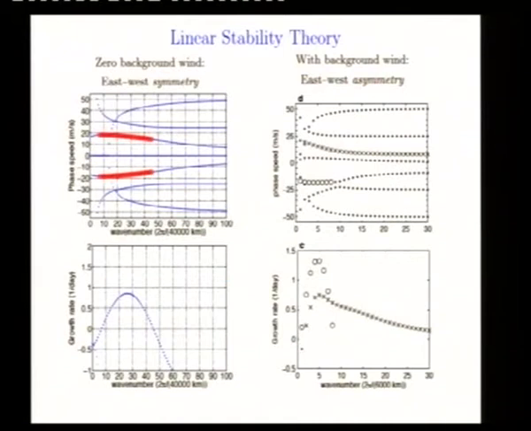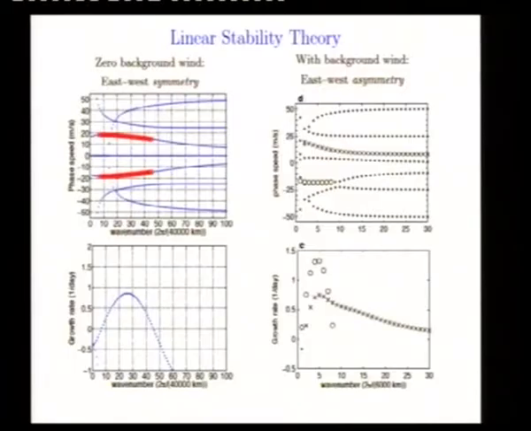As soon as we introduce a background wind, and I'm using the jet shear background wind for this right column, now there's an asymmetry between the eastward and westward propagating waves. Which one is it? The westward propagating wave is favored in this case, on large scales. And it's also interesting that at smaller scales, there are eastward propagating waves with a positive growth rate. So these are those squall line-like features that appeared in that slide.